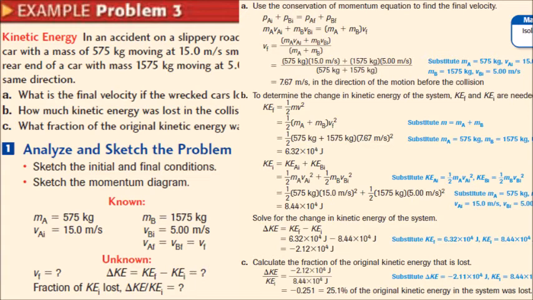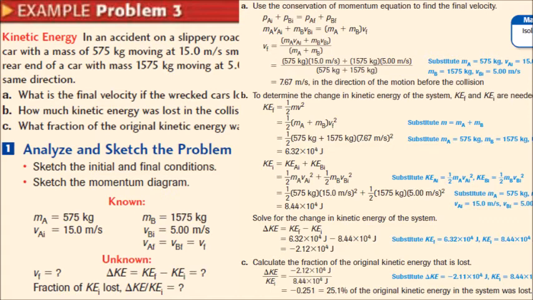My initial kinetic energy of the first car is going to be 1/2 times its mass of 575 times its velocity of 15.0 meters per second squared. And then I'll add in 1/2 of the mass of the second vehicle times its velocity of 5 meters per second squared. That gives me an initial kinetic energy of 84,400 joules.